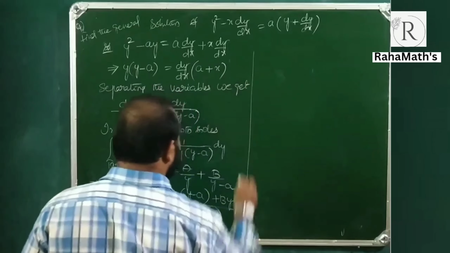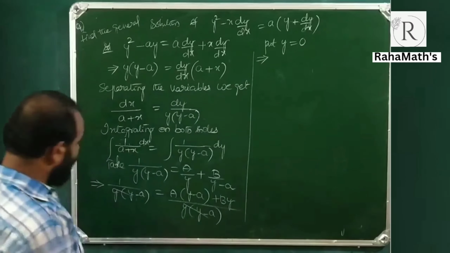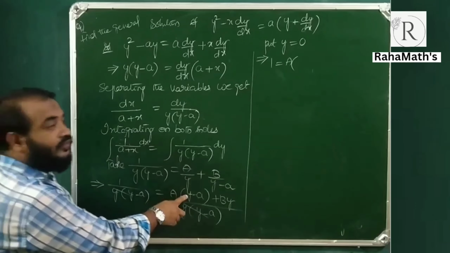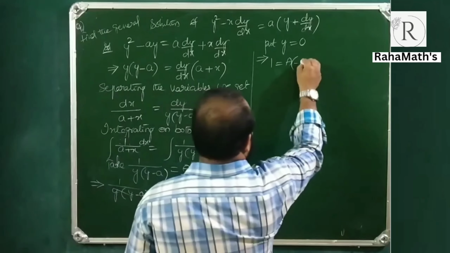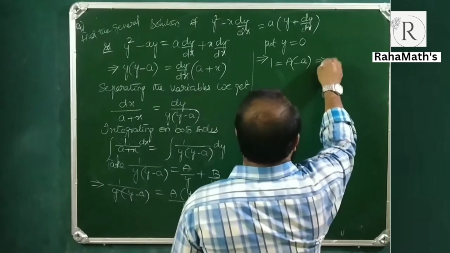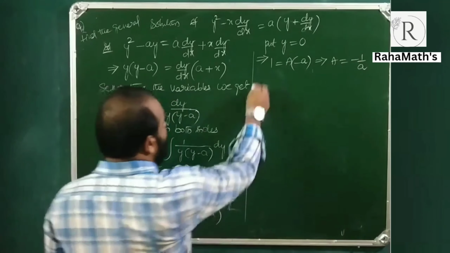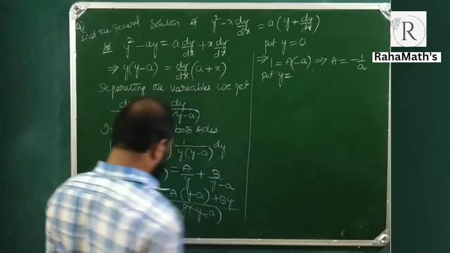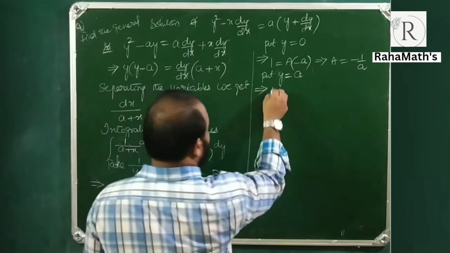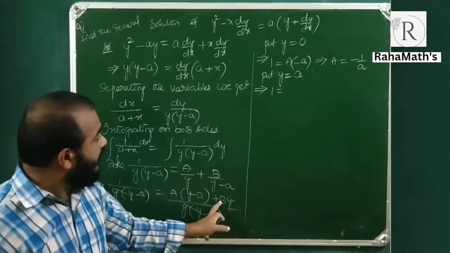So, put y equals 0, that implies 1 is equal to A into, in the place of y substitute 0, 0 minus a, this is minus a, plus B into 0, which is 0. Therefore A is equal to minus 1 by a. Likewise, put y equals a, then 1 is equal to A into a minus a, which is 0, plus B into a.